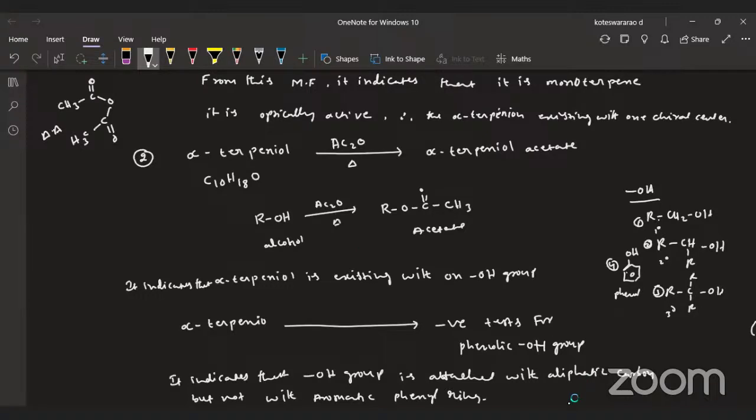This reaction clearly shows that the OH group is an aliphatic OH, right? Next.